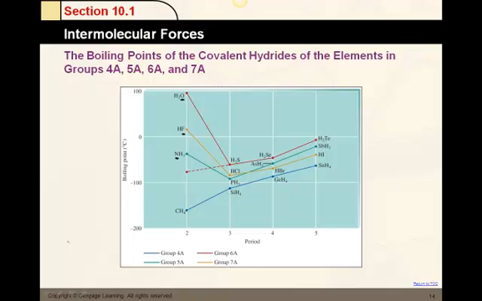You notice those are the three right here. They have the highest boiling point in their family because those hydrogen bonds give an added strength to those molecules, and thus it takes more energy for those molecules to change phase from the liquid to the gas. So these intermolecular forces do give rise to some different property changes.